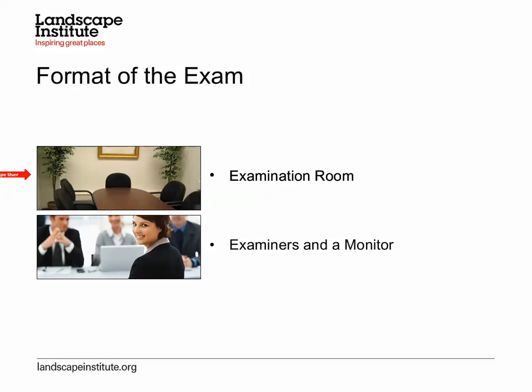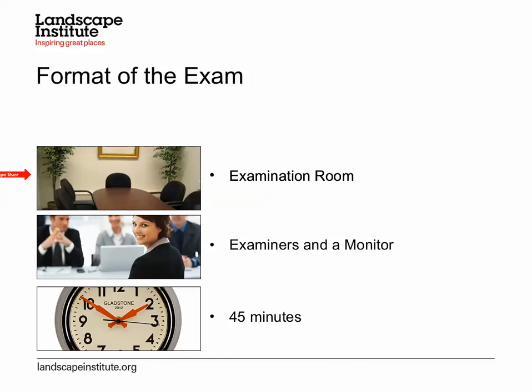And this is one of the quality assurance methods we use, just to ensure that everybody has the same standard and everyone gets the same treatment within the exam, of course, allowing for variations in personality and so on. So there'll be possibly 3 people in the room with you. The monitor's usually off to one side, but there'll be you and the 2 examiners on the other side of the table.